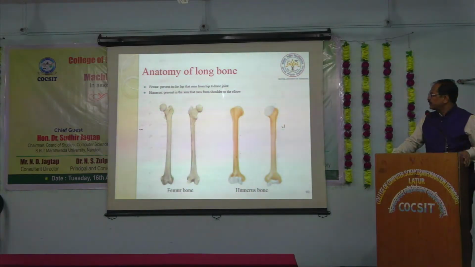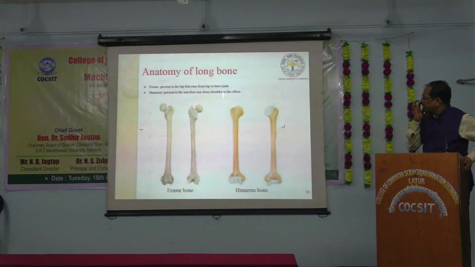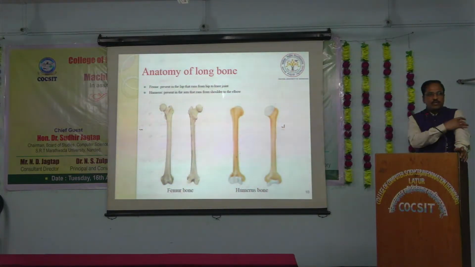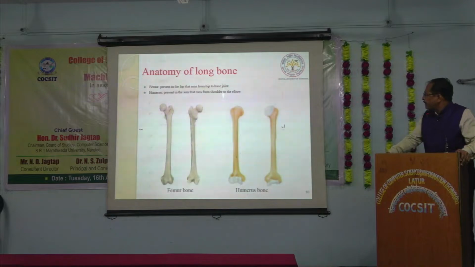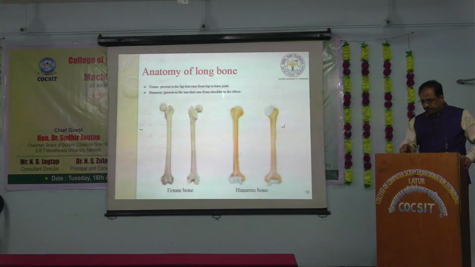The humerus is present in the arm and runs from the shoulder. This is the humerus in the arm, and that is the leg bone. The humerus bone is this part, from our shoulder to the middle part of the elbow. So you can see the bone structure.